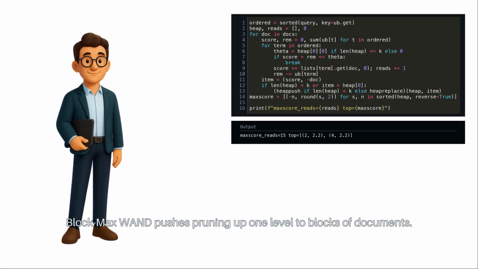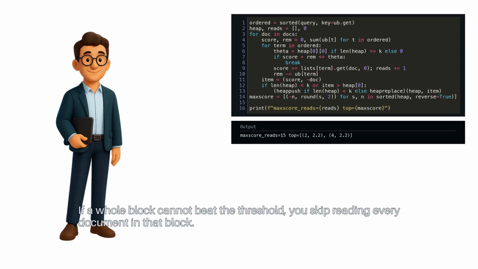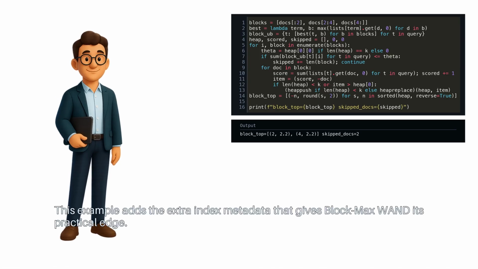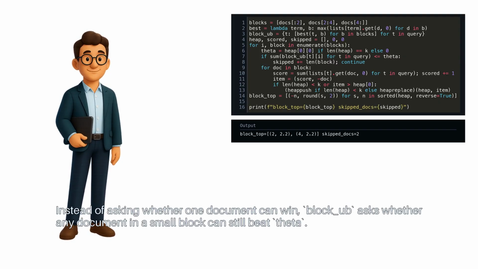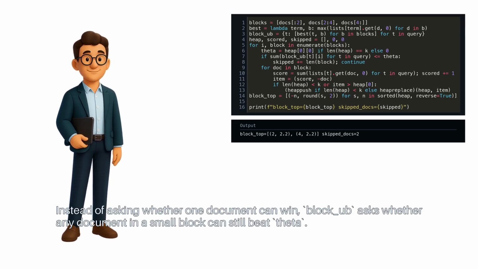Block-Max WAND pushes pruning up one level to blocks of documents. If a whole block cannot beat the threshold, you skip reading every document in that block. This example adds the extra index metadata that gives Block-Max WAND its practical edge. Instead of asking whether one document can win, Block-UB asks whether any document in a small block can still beat theta.